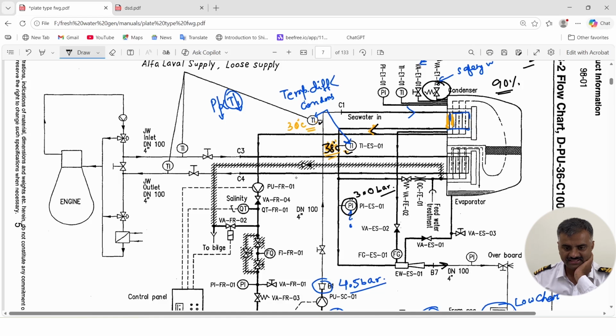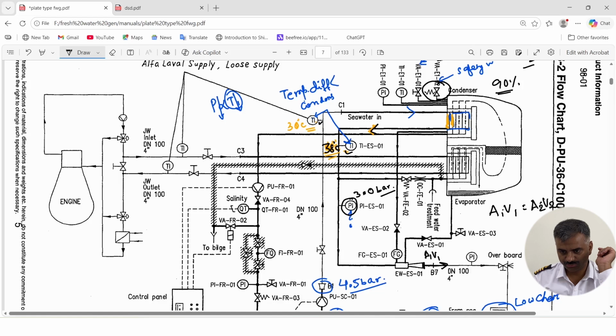What is happening here in the eductor? As we know from the continuity equation, A1 V1 is equal to A2 V2. Area into velocity. When you increase the area, what happens?